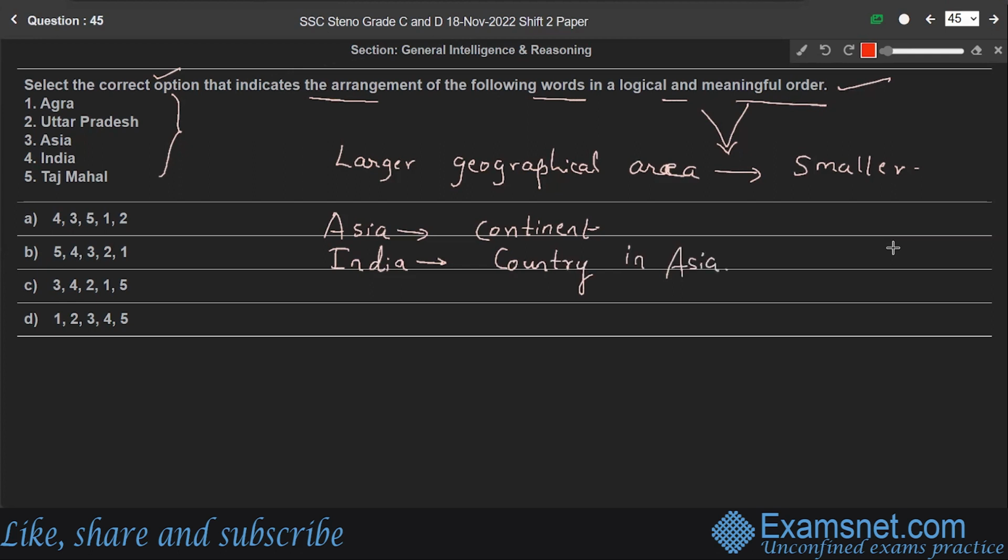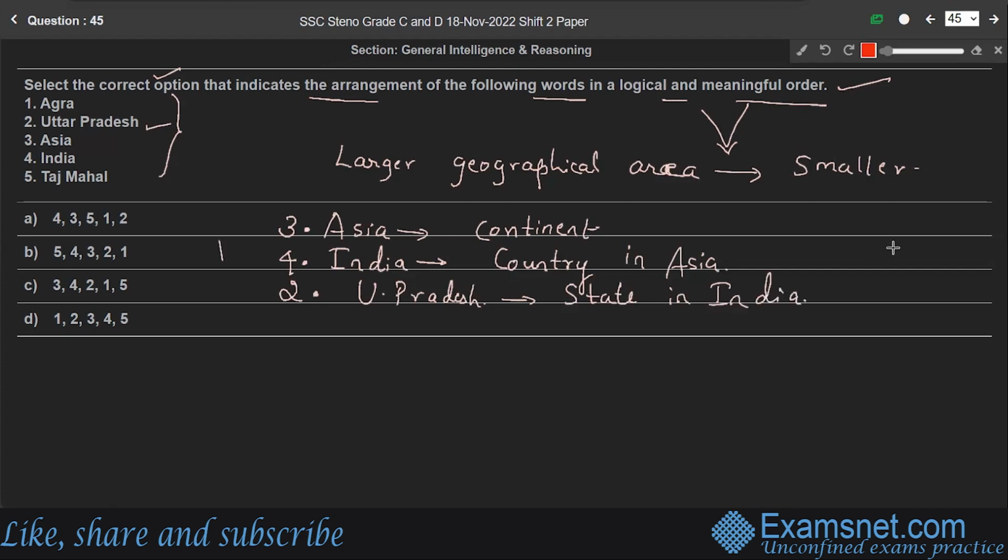Here Asia is the third word according to the question, and India is the fourth word. Next comes Uttar Pradesh, which is the second word. Uttar Pradesh is a state in India.